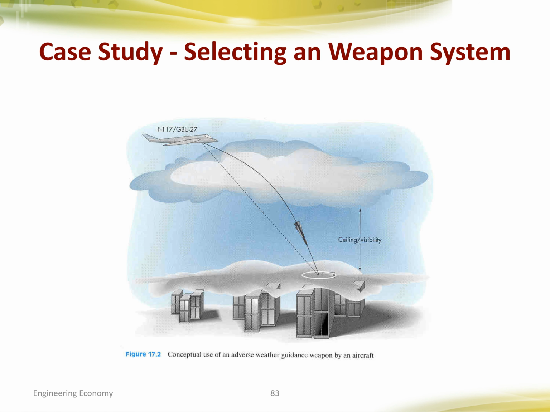So the case study, as I just described, is selecting a weapon system. It is a very common type of project or problem that we'll encounter. Here it is a weapon system.